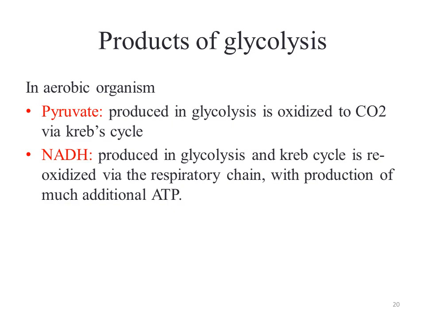It produced 6 ATPs, and ATP is the main purpose of glycolysis. So NADH produced in glycolysis and in the Krebs cycle is reoxidized via the respiratory chain with the production of much additional ATP.